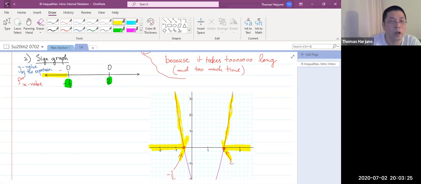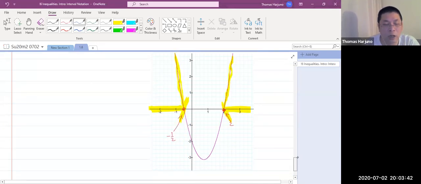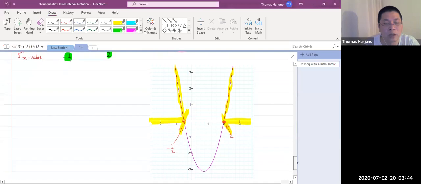We call negative 1/2 and 2 critical numbers because if there's any change of sign, you will see later on the sign here will be positive, negative here, and positive here. I will show you later on how to get that plus, minus, plus.